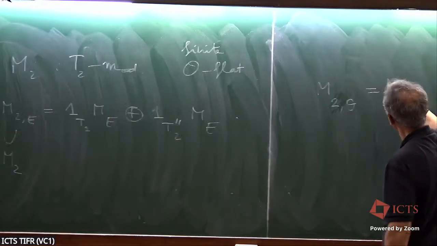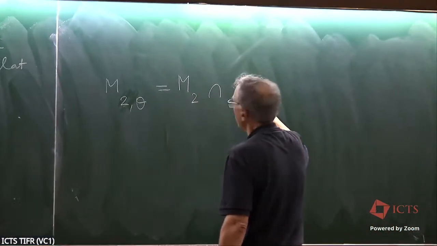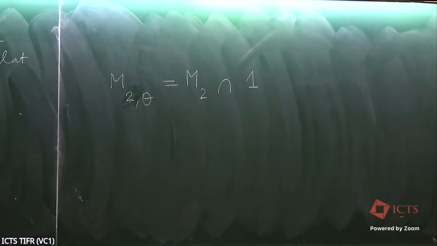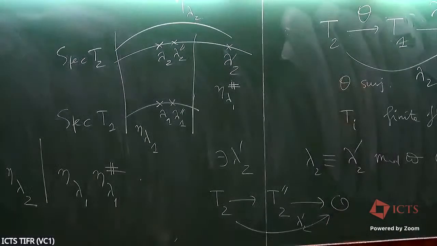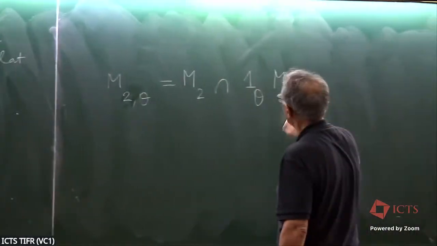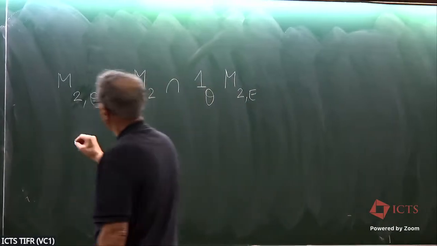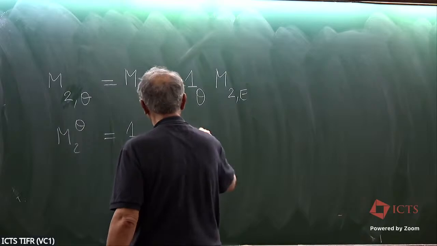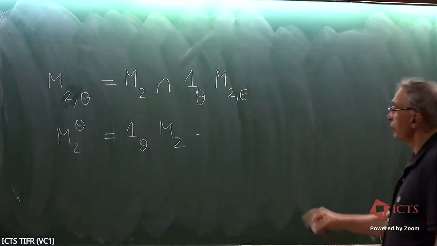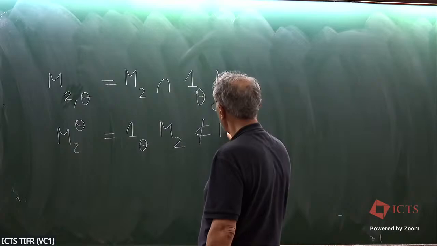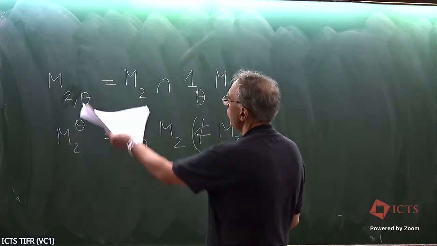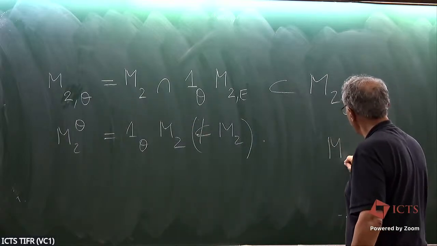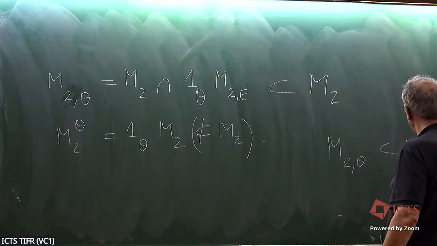It is M2 intersection 1 theta of M2 E. And we introduce M2 upper theta, which is 1 theta M2. And as usual, this is not contained in M2. Okay, be careful. This one, by definition, is contained in M2. And of course, we have this inclusion, M2 lower theta included into M2 upper theta.